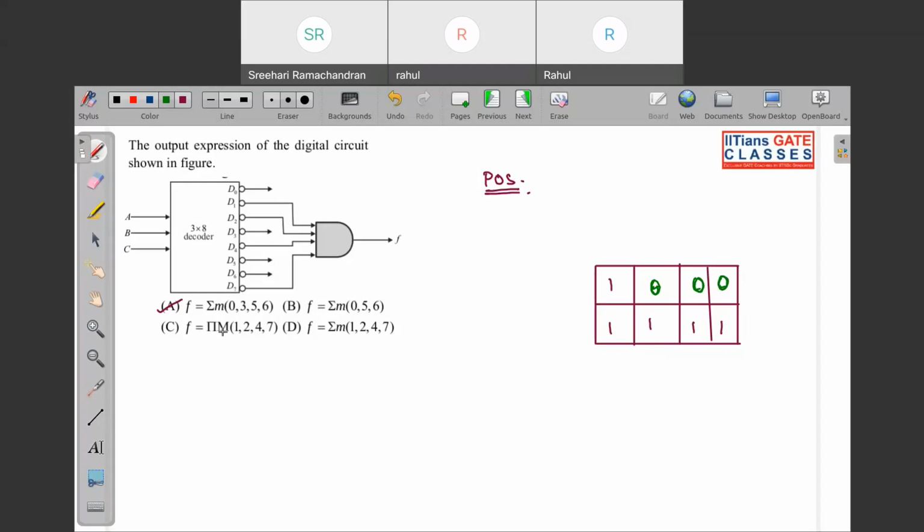In this function, you can see that this corresponds to your POS. So the remaining cells, that are your 0, 3, 5, 6, might be filled with 1. Can I assume so?